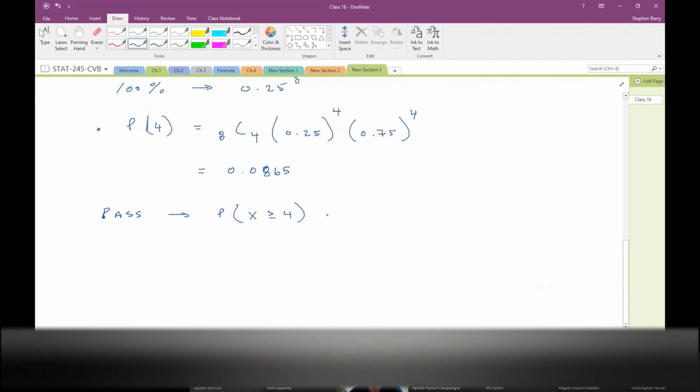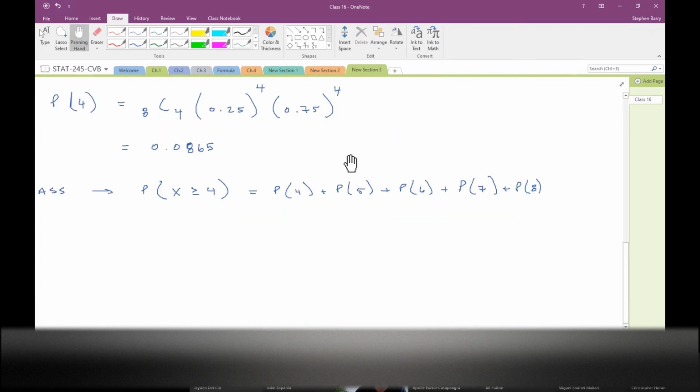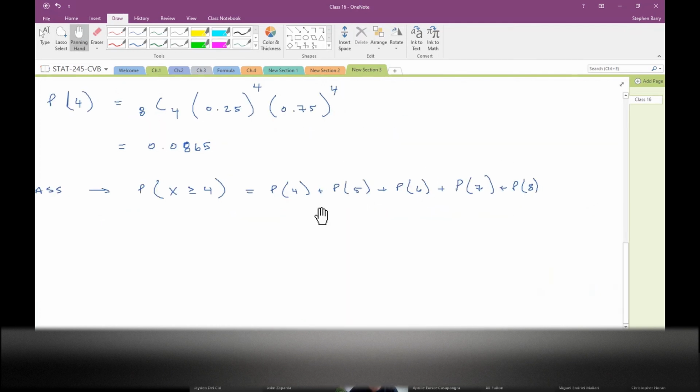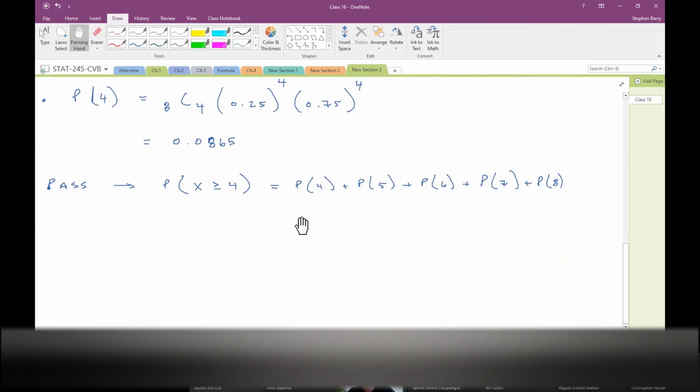And again, you could think of it as probability of 4 plus 5. And the chances of this get smaller and smaller, obviously. But the problem in calculating this is you have to do 5 calculations because there's 5 ways to pass it, like 5 different scores that pass.